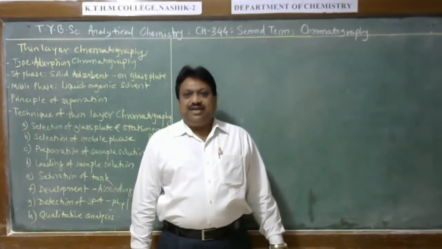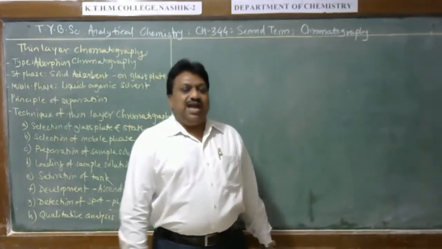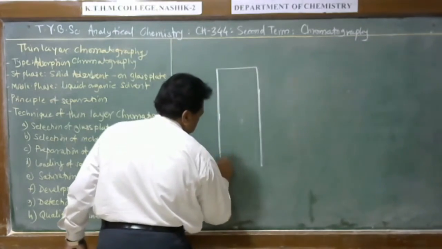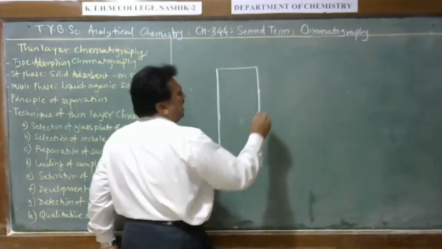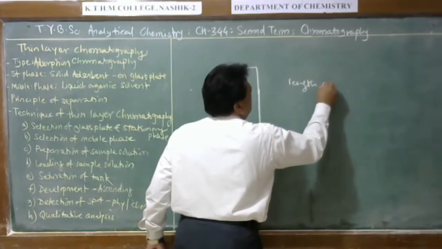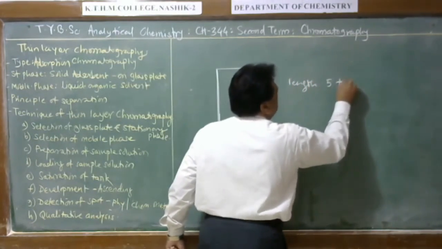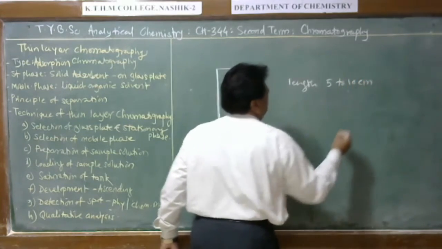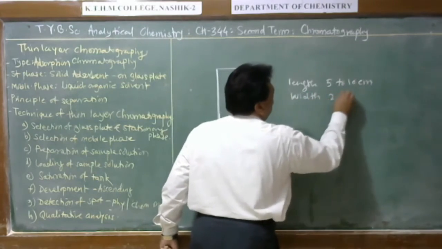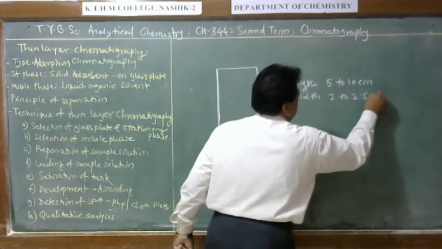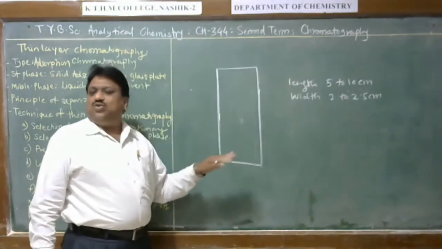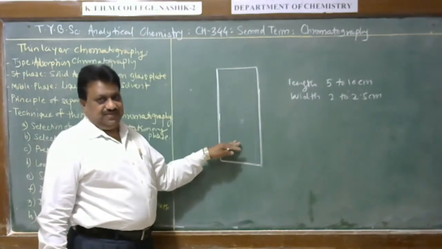Generally, in laboratory conditions, a glass slide about 5 to 10 centimeter in length and about 2 to 2.5 centimeter in width is selected as a support for the stationary phase.